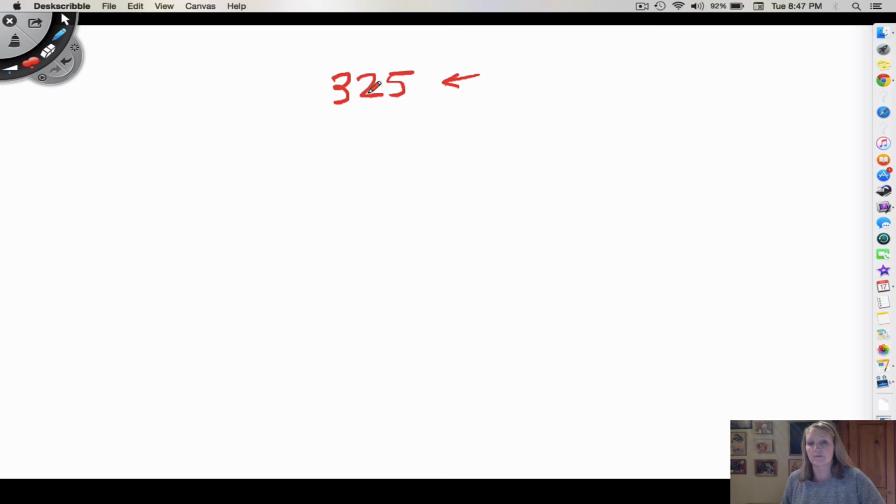And as our last example, we saw that anything that ended in a 5 or a 0 was divisible by 5. So we would say divisible by 5. Okay, and so the way that we set it up is we make a line here, and then we make a line here, and we say 5 goes into 325.